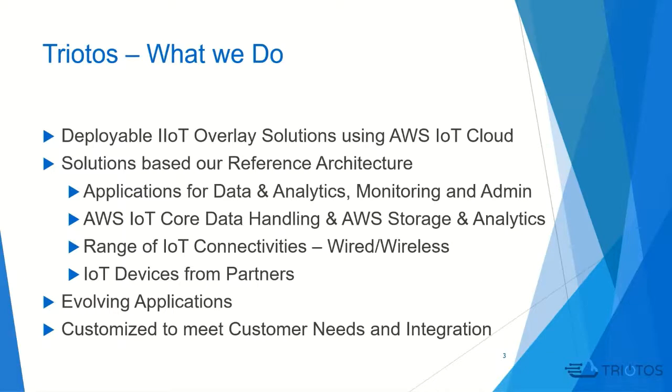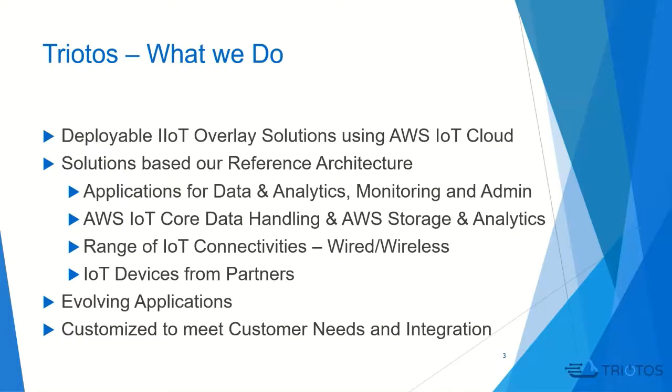So you can avoid expensive integration services and long deployment times. The solutions we offer are based on our reference architecture, and that includes applications for data and analytics, monitoring and administration. We'll go over those towards the end of our presentation.